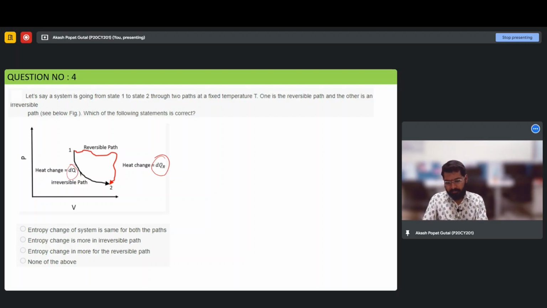Because of that, from the system's point of view, the entropy change for both the paths is the same because they are ending at the same state. Because of that, the entropy change of the system is the same for both the paths.